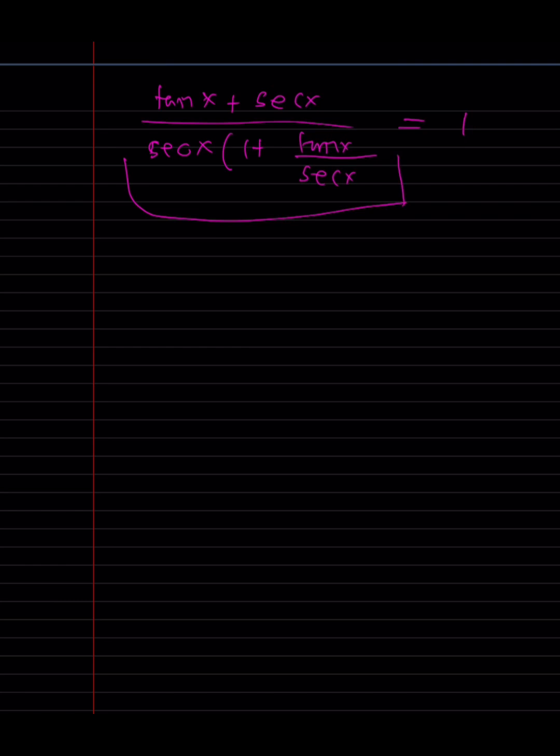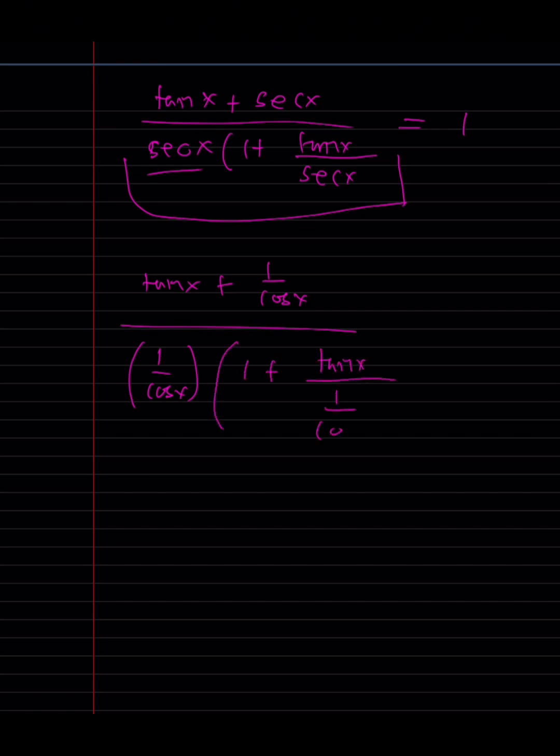We know that sec x is the same as 1 over cos x. So when we do the substitution, we get tan x plus 1 over cos x, all over 1 over cos x, multiplied by 1 plus tan x over 1 over cos x. So now this is what we have.